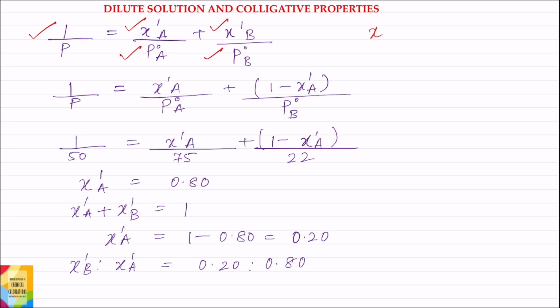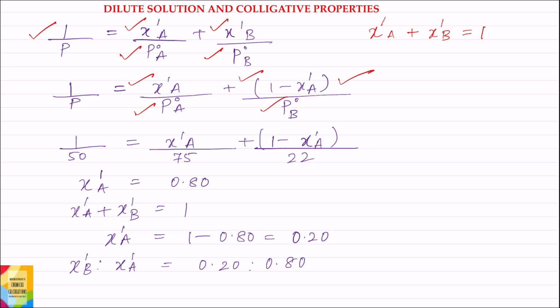The mole fraction of toluene in the vapor state plus mole fraction of benzene in the vapor state is equal to 1. So we can write X dash B as 1 minus X dash A. So 1 by P is equal to X dash A divided by P naught A plus 1 minus X dash A divided by P naught B.